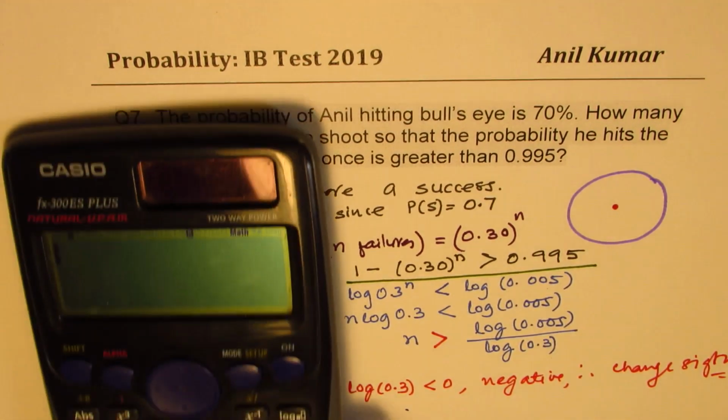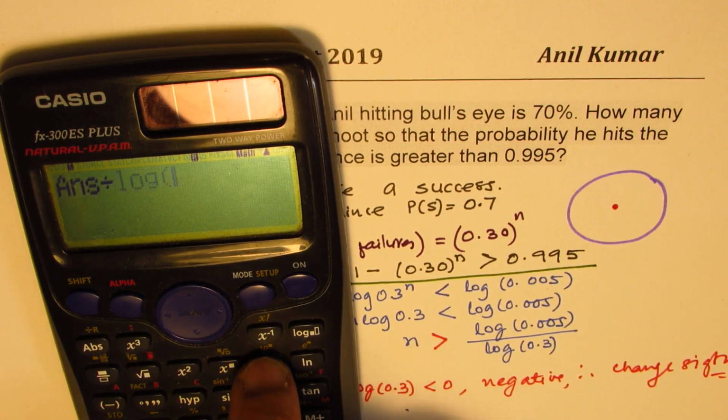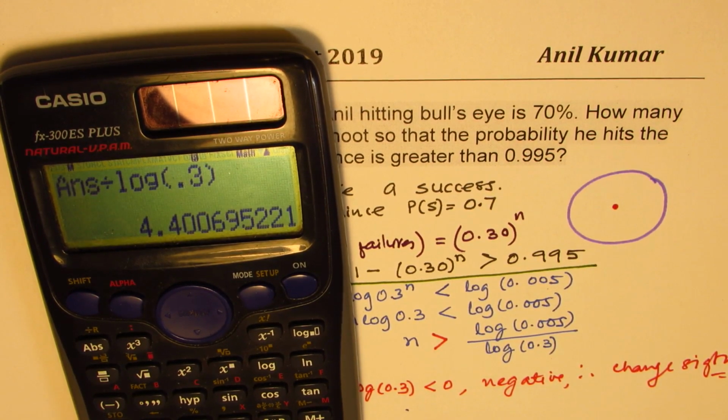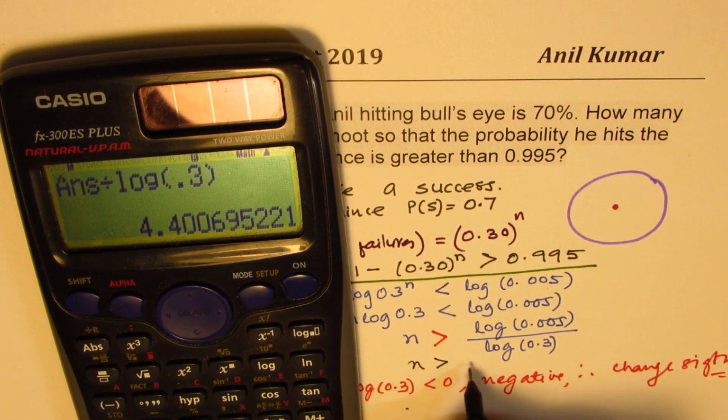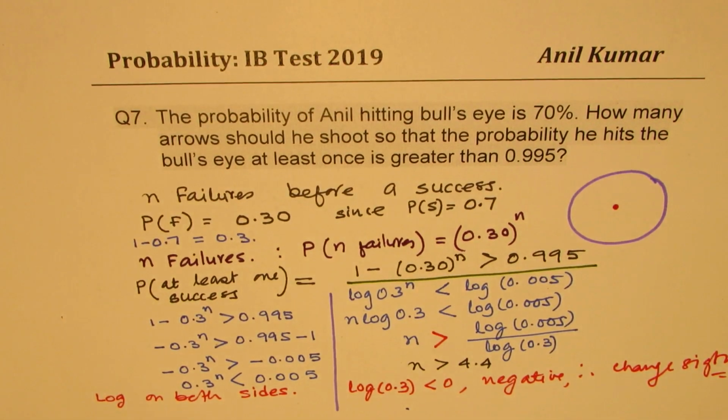Now let's calculate. So we have log of 0.005. We have to divide this by log of 0.3. So we get 4.4, right? So that means this is 4.4. So we get n is greater than 4.4. So the whole number which is greater than 4.4 is 5.